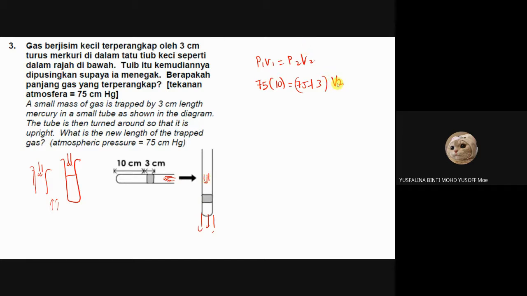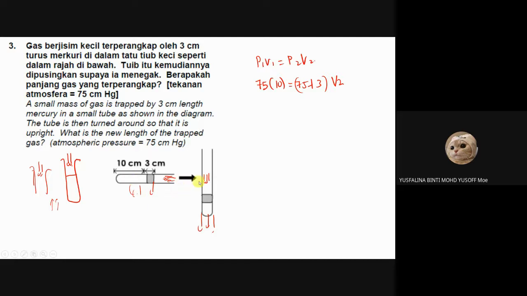Okay, so I explain again. For this one, since gravity is acting downward, there is no way it will go downward because you put the test tube in this direction. So there is no gravity that pulls it down. So for this one, only atmospheric pressure, 75 times 10.